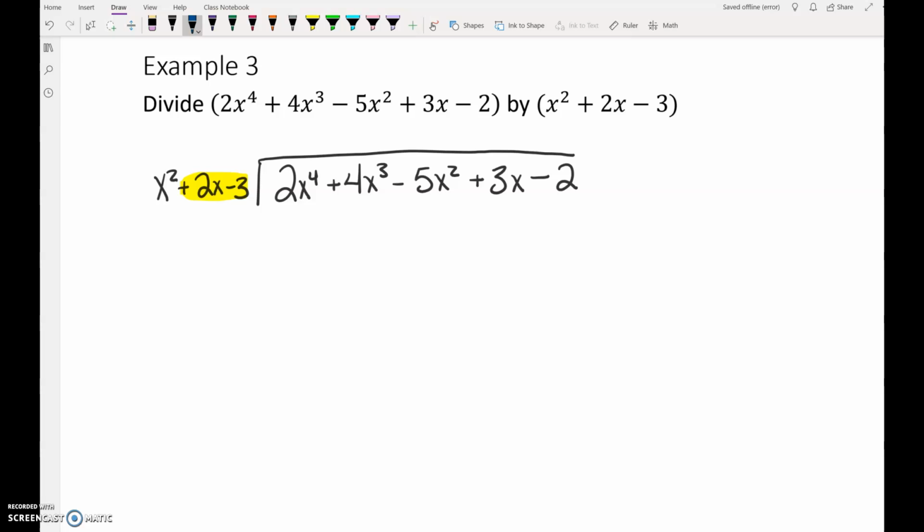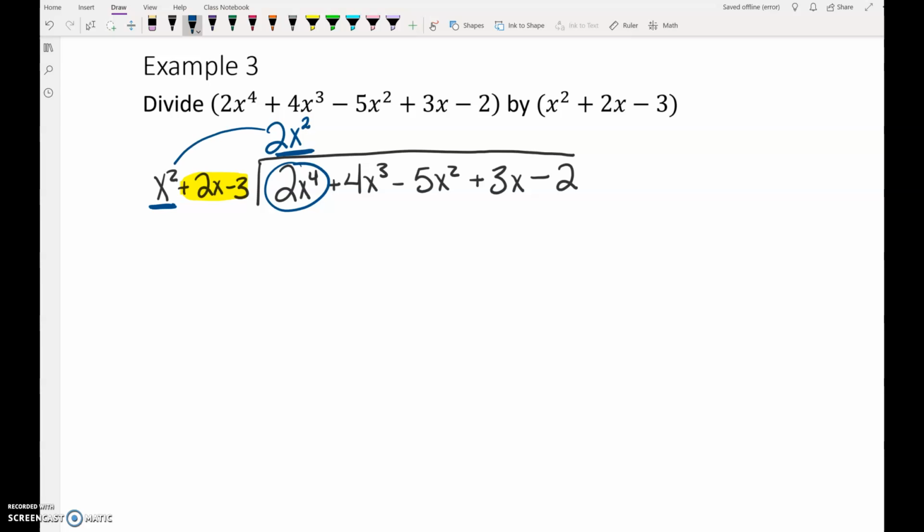So, round 1, we still focus on just that first thing. X squared times what will give us 2x to the 4th? We need a 2. What do we need the exponent to be to make x squared turn into x to the 4th? 2. We need 2 more x's.